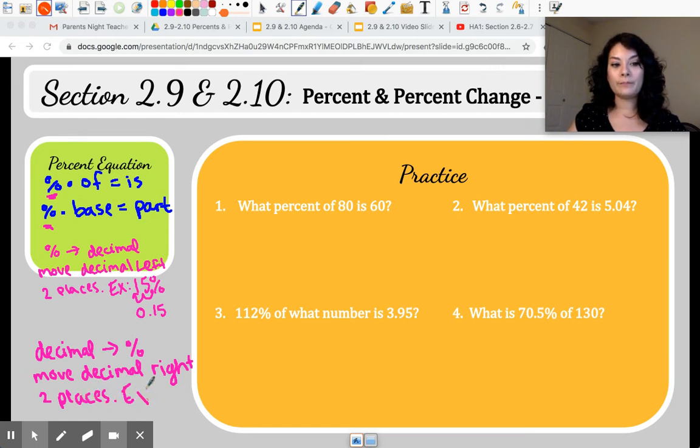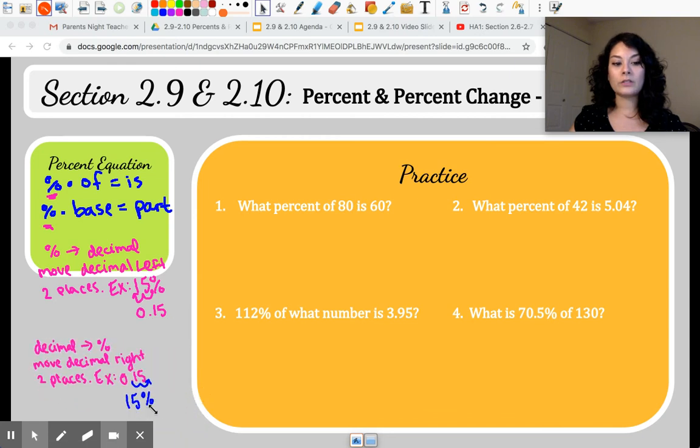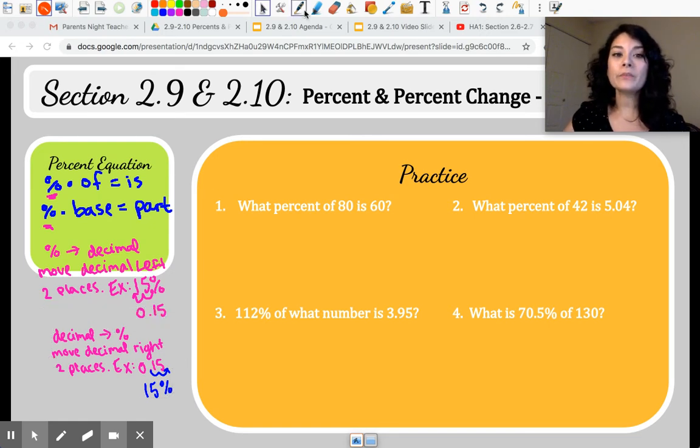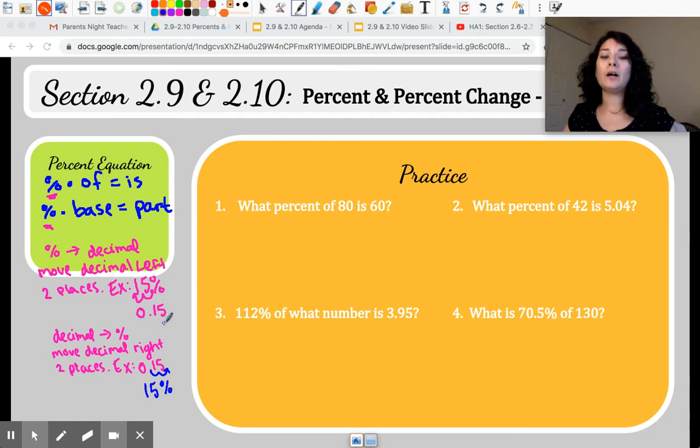For example, if you had 0.15 and I wanted to make that a percent, I would take the decimal and move it 2 places to the right and throw a percent symbol after my answer. And of course, again, if you were working with a value that needed to be converted to a percent, but it looked like an integer, you would have to still add that decimal point and move it 2 places to the right. So just some conversions are going to be required for when we're using the equation here.